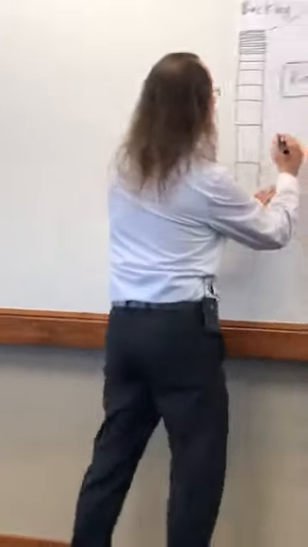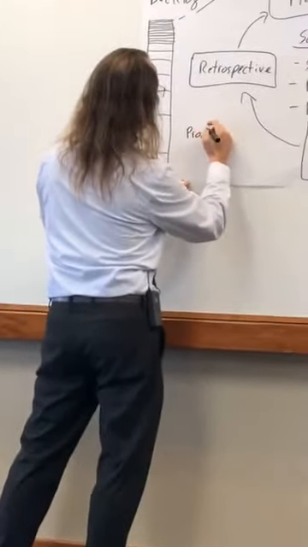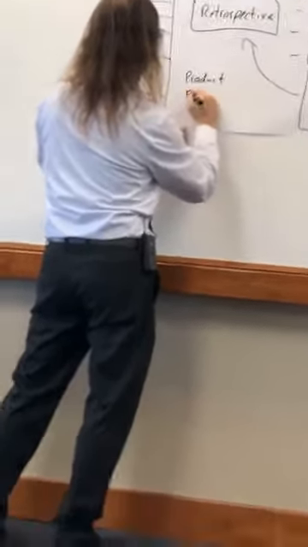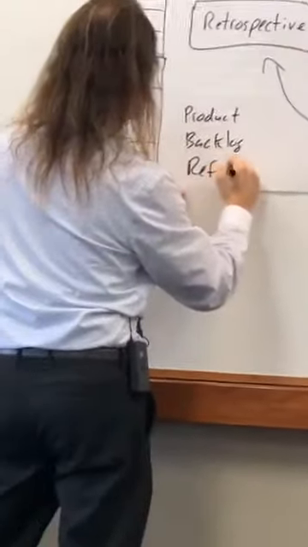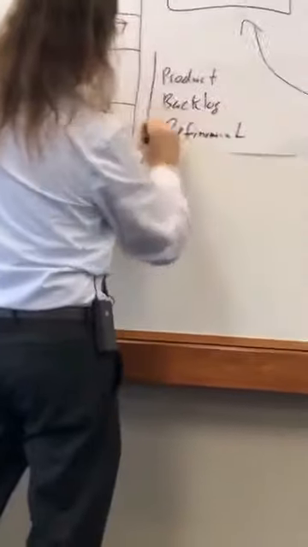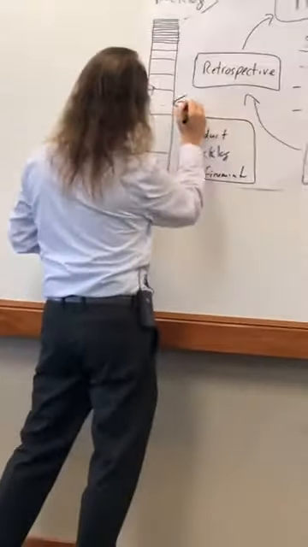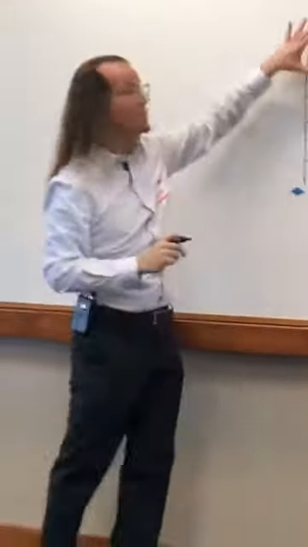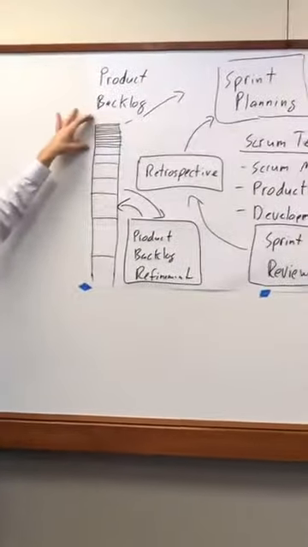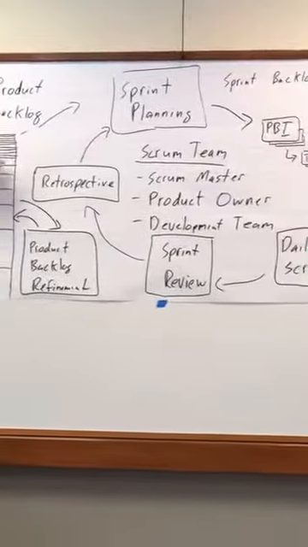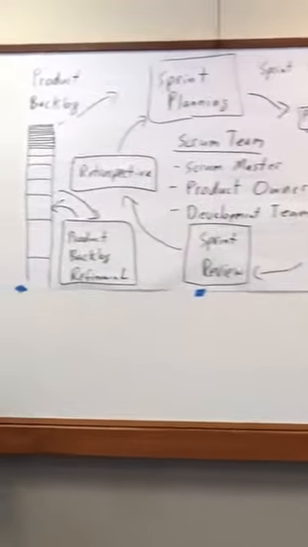And so we have a series of product backlog refinement activities. These are constantly going on to improve the quality of the product backlog and maintain it in this shape, right? 2 to 3 sprints worth of small sprint-ready stories at the top. Things gradually get bigger and less defined as we go down.